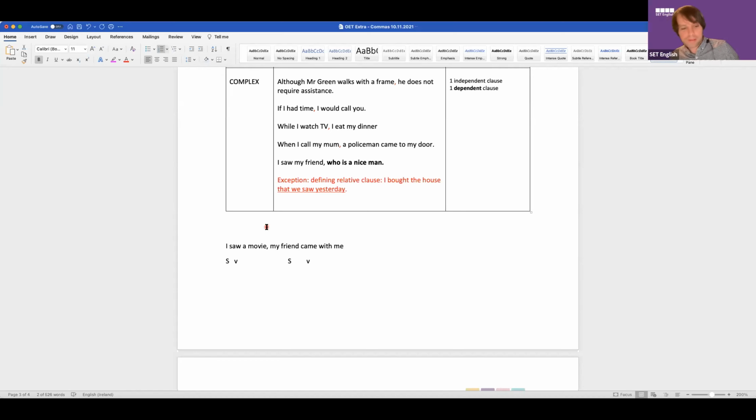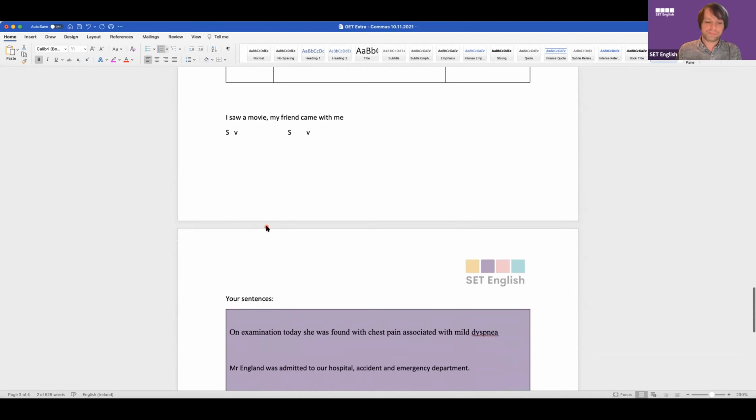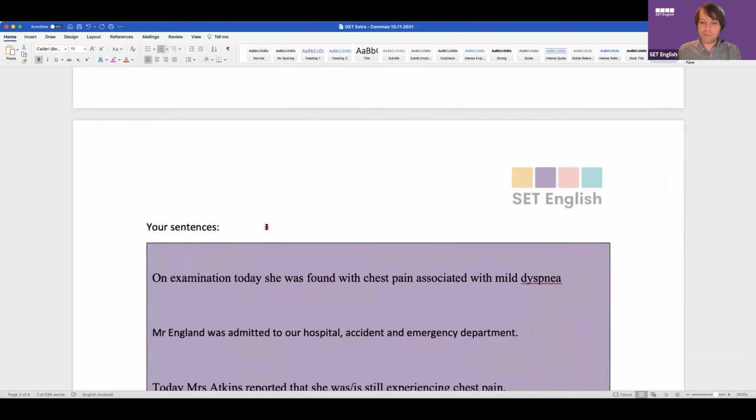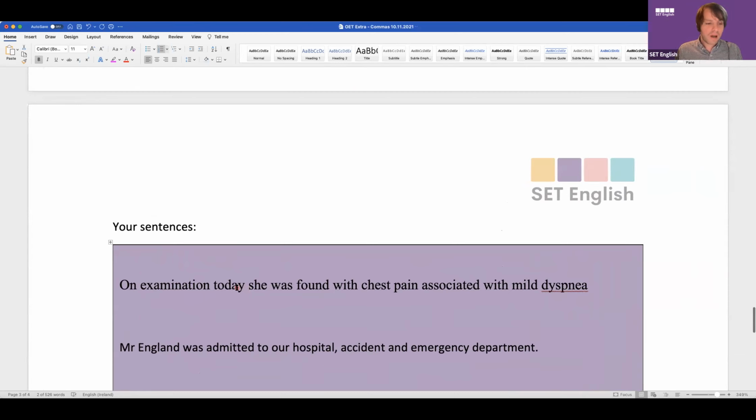Okay, so sentence number 1. Can everyone see this? I put a little bit of color in there. This one's an easy one, right? We'll start with the easy one. "On examination today, she was found with chest pain associated with mild dyspnea." Where's the error? The comma after "today."